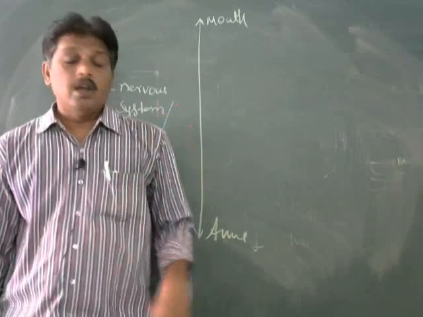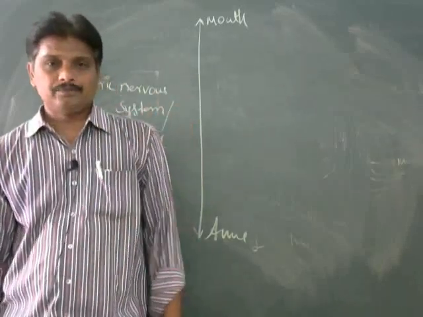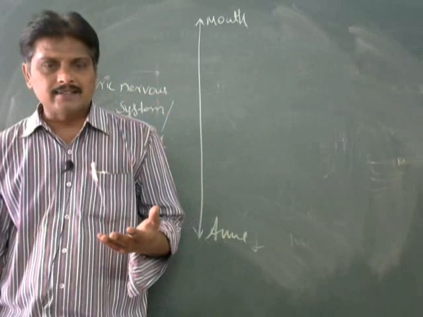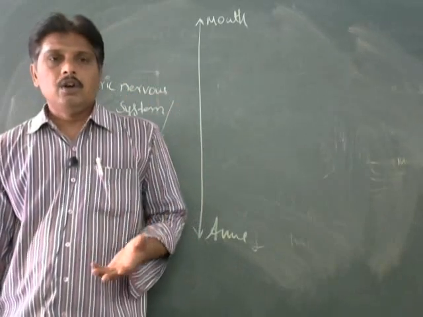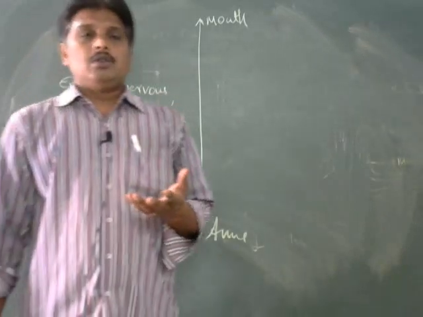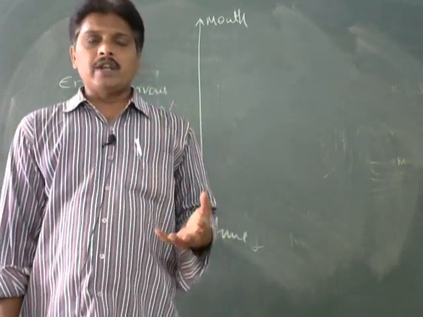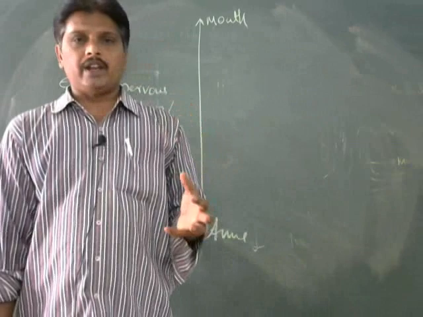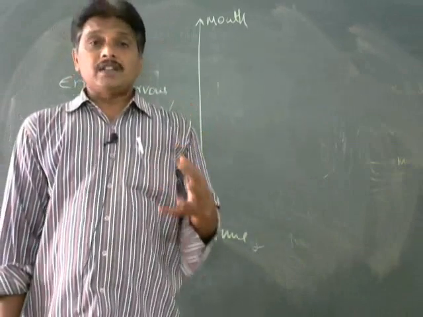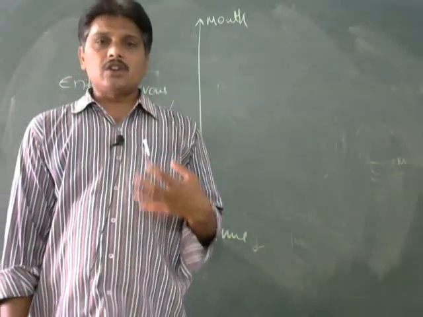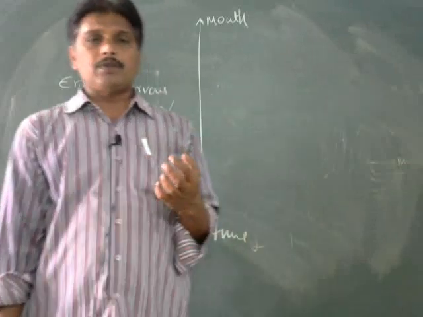This is about it. And if you take respiration as an example, what is the main purpose of respiration? The main purpose of respiration is releasing energy from the food material. For that, they need oxygen. The cells need oxygen to get energy from the food molecule.